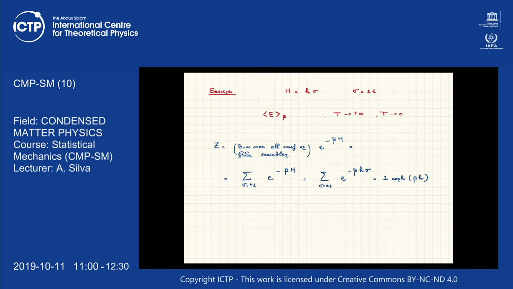I mean, I can define F as minus t log Z, and then every derivative of F is going to be a derivative of Z divided by Z. Fine. But it's important to keep in mind that the physical quantity is the free energy and not the partition function. Why, for example?